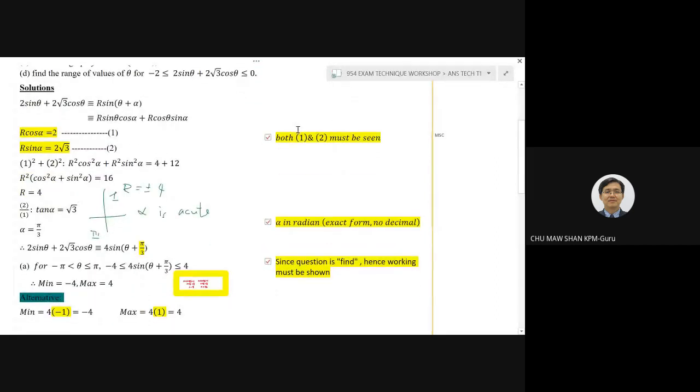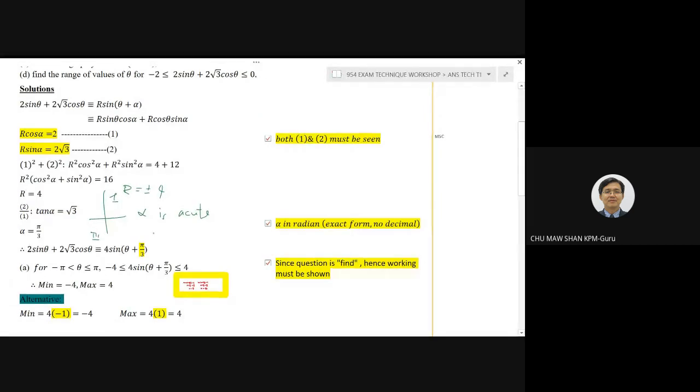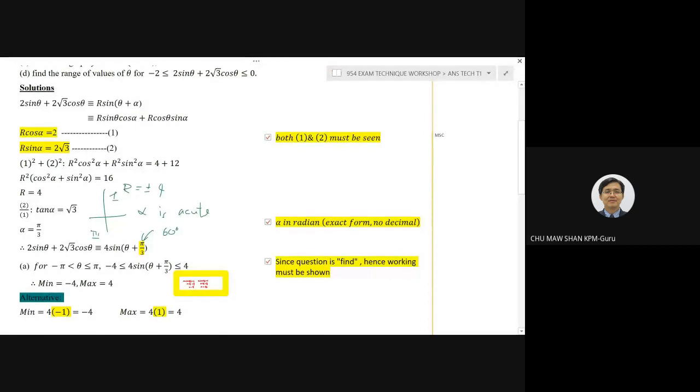Okay, now another issue. What if it is written as 60 degrees? That would be bad. So alpha in radian, exact form. Not only radian, exact form means it must be pi over 3. Understand? No decimal.